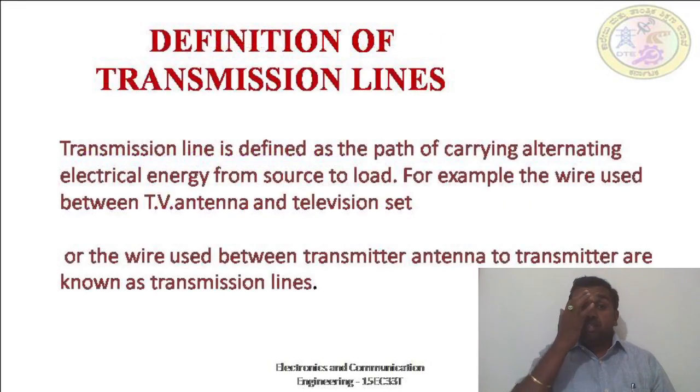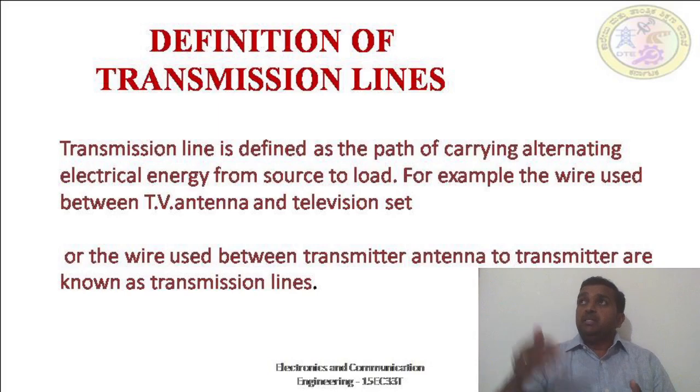Let me start with the definition of transmission line. A transmission line is a two-wire cable that connects the transmitter to the antenna or the antenna to the receiver. The purpose of the transmission line is to carry radio frequency energy for a particular desired distance. Ideally, the antenna should be connected to the device, but practically it is not possible.